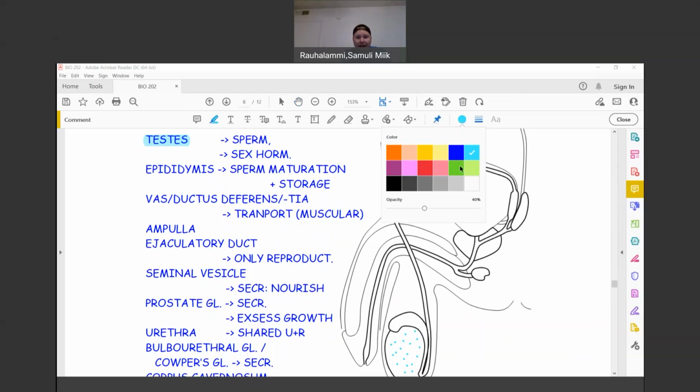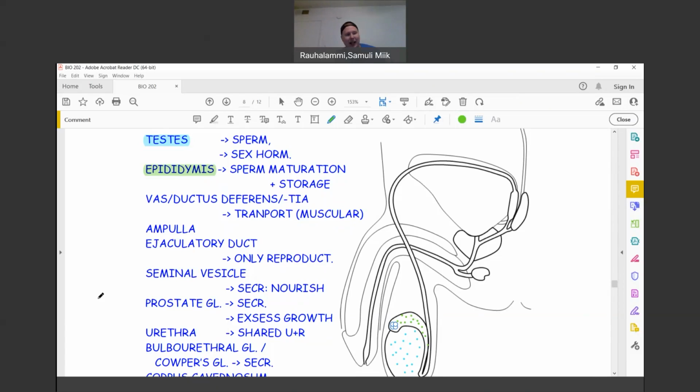On top of the testes lies the epididymis. The epididymis is a site where the sperm goes to mature and be stored until it's needed. Like a student of mine realized, even sperm has to go to school. So that's where the sperm is stored and matures until it is needed.